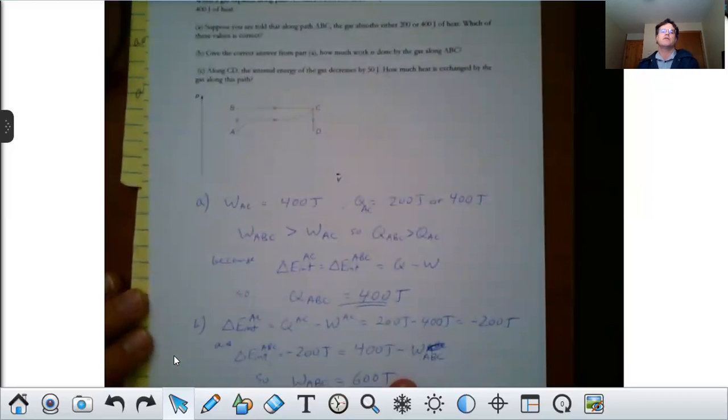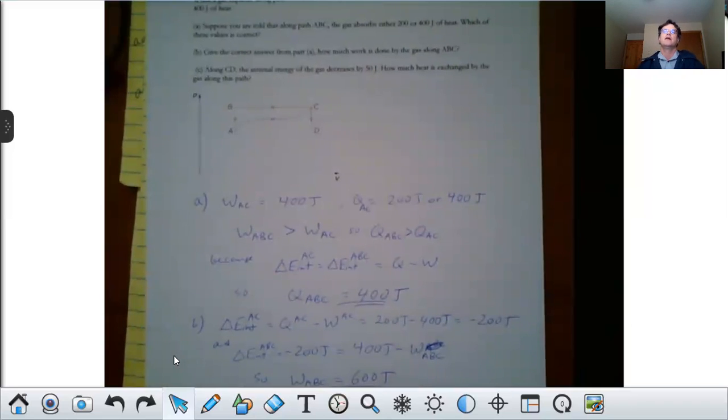Given the correct answer from part A, how much work is done by the gas along ABC? Well, the change in internal energy, I've got to use my smaller heat, right? Because I've found that the heat is 400 joules in ABC, it's got to be less in AC, it's got to be 200 joules.